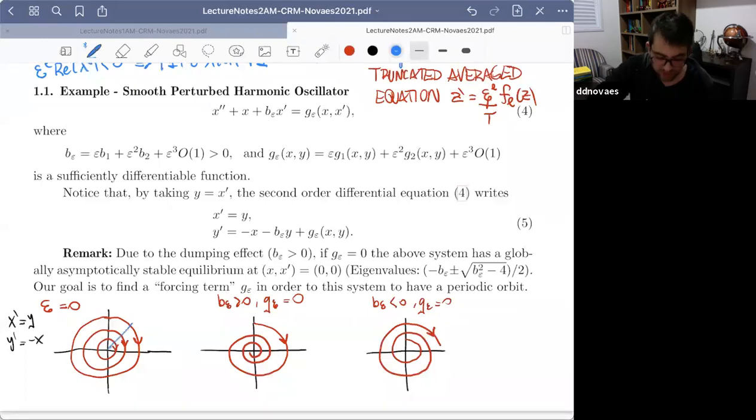When you travel along an orbit, as time goes to the future, you change the angle of the system in a bijective way. So the angle is a good candidate for a new time, in order to write the system as a non-autonomous system. So let's see what's happening here.